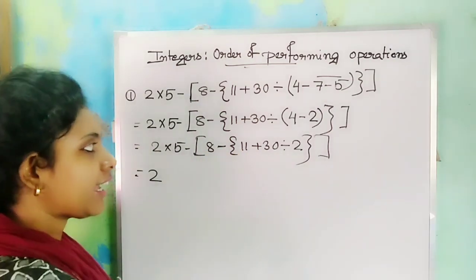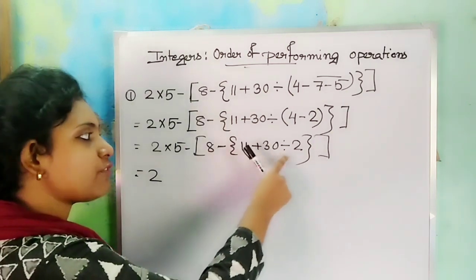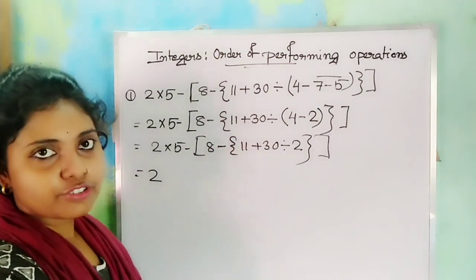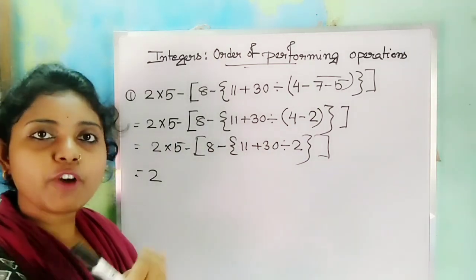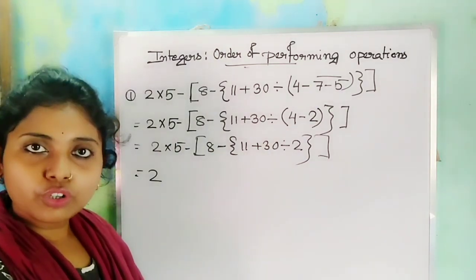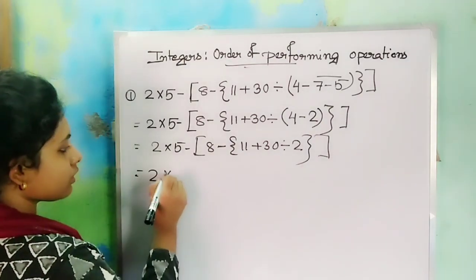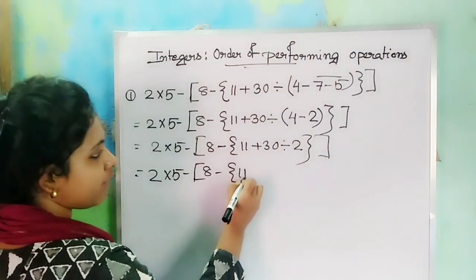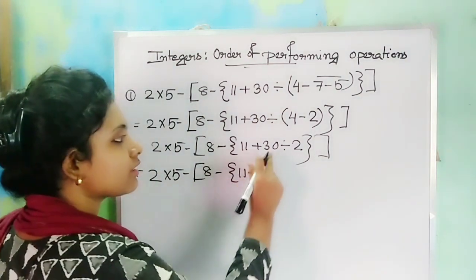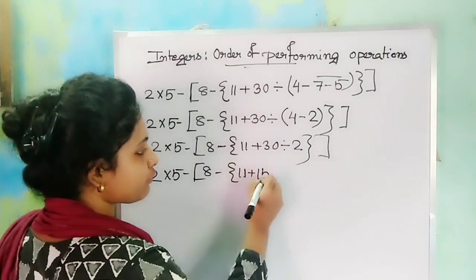Here there are two operations, one is addition and one is division. We already know that we have to do the division operation first. So 11 plus 30 divided by 2, that means 15.